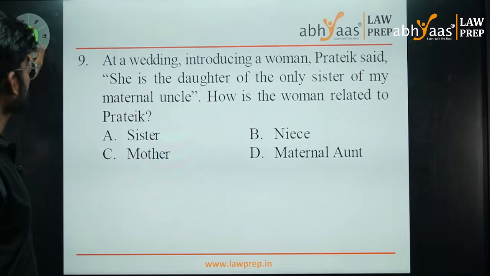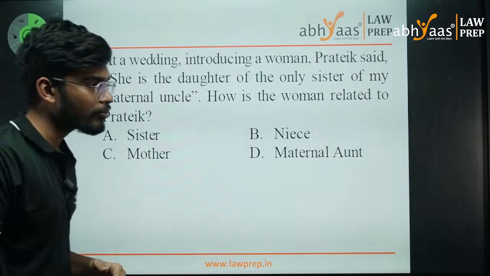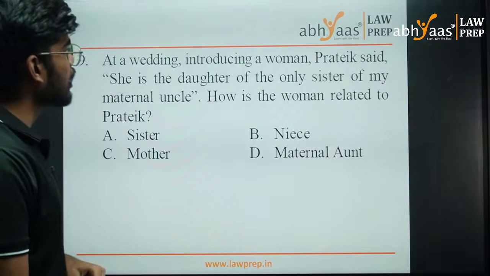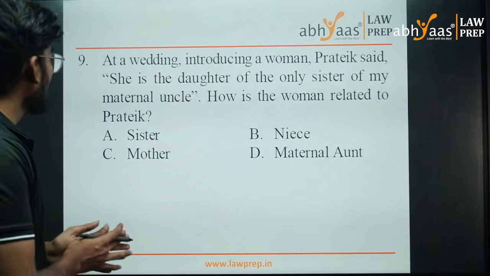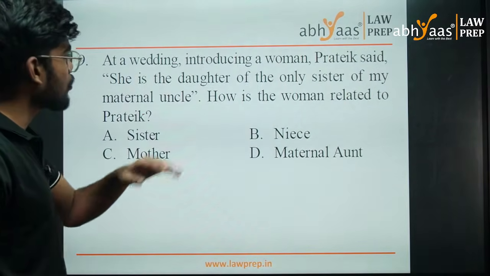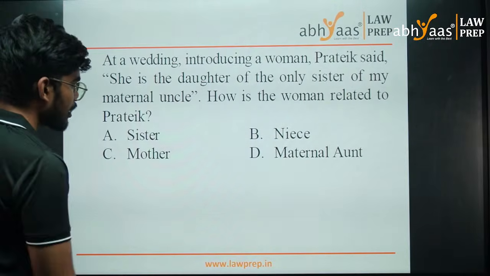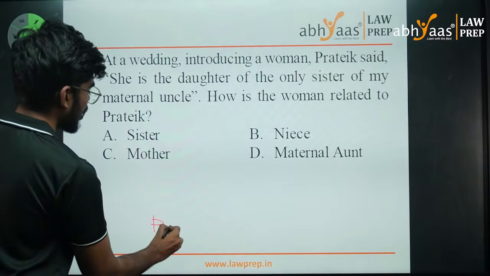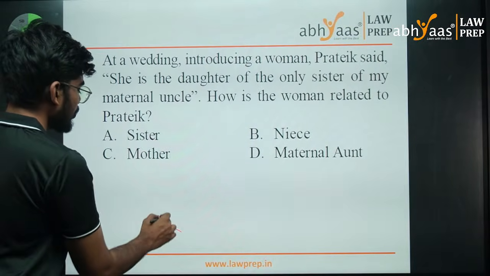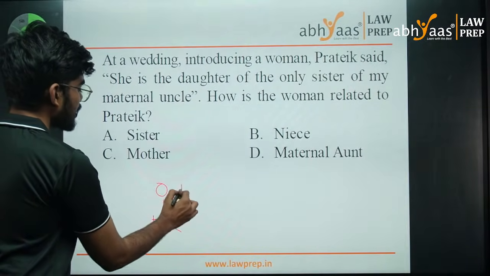Moving to the next question. At a wedding, introducing a woman, Pratik said, she is the daughter of the only sister of my maternal uncle. How is the woman related to Pratik? See, say for example, it is Pratik, and the sister of my maternal uncle. Maternal uncle means mother's sibling.